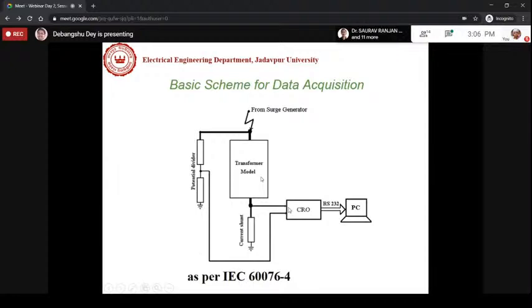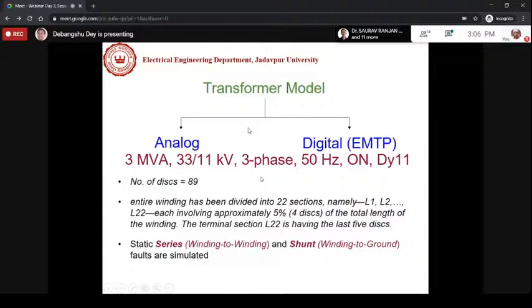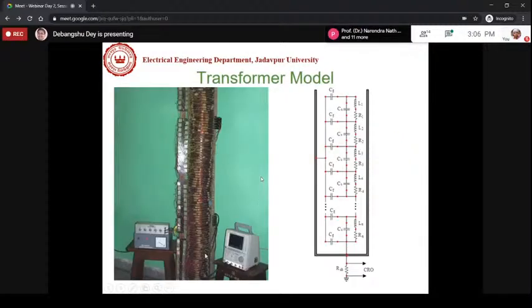If we apply some voltage, today I will be showing two models. One is a digital model and another is an analog model, and this is the photograph of it, and the right side is the schematic of that.